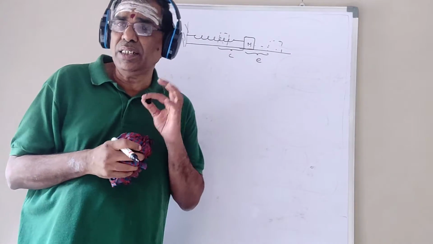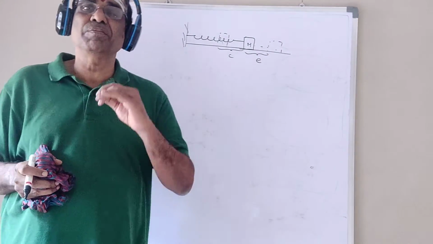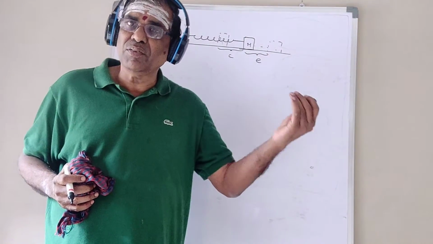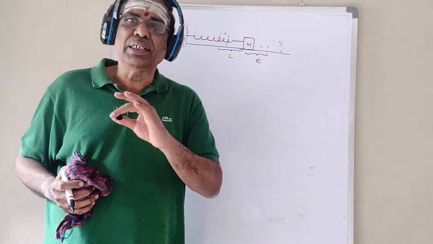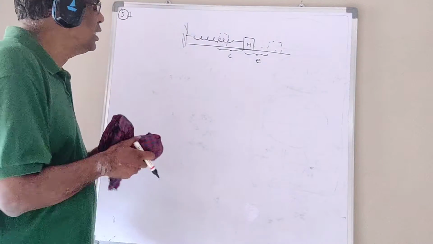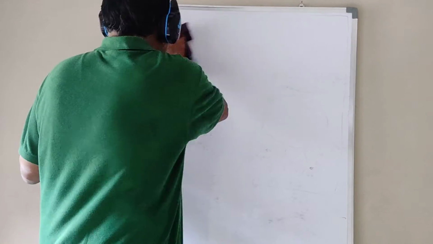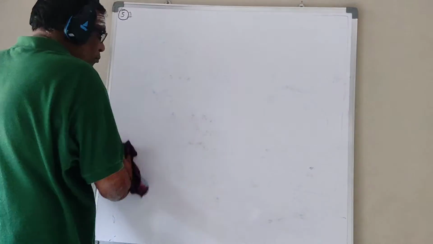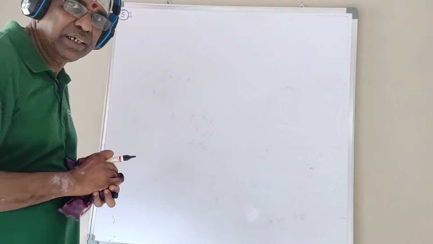That is very important in the case of a spring. Whether it is in a state of compression or elongation, it is not going to make any difference as far as potential energy is concerned. Okay? That is about the spring potential energy and work done by spring.